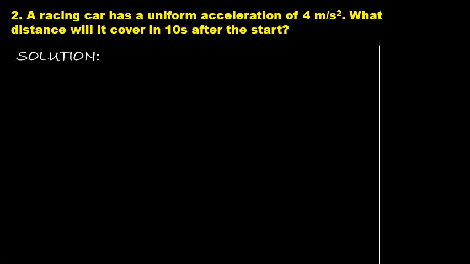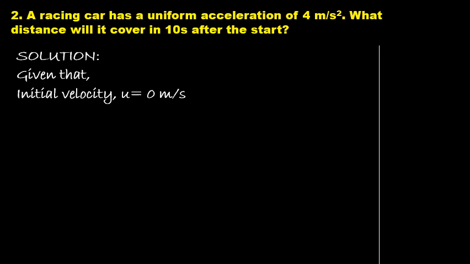The next problem that we are going to take up is: a racing car has a uniform acceleration of 4 meter per second square. What distance will it cover in 10 seconds after the start? So again, we follow the same procedure. For the solution, we first write all the given quantities.